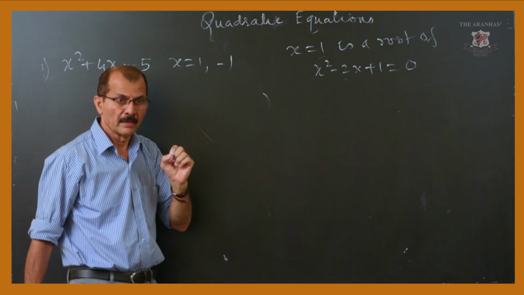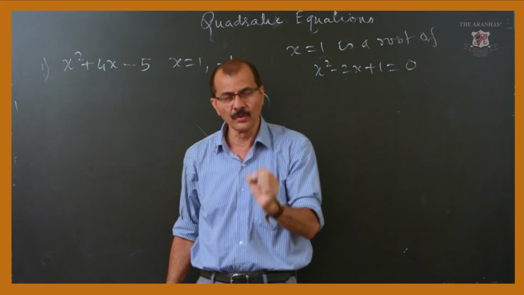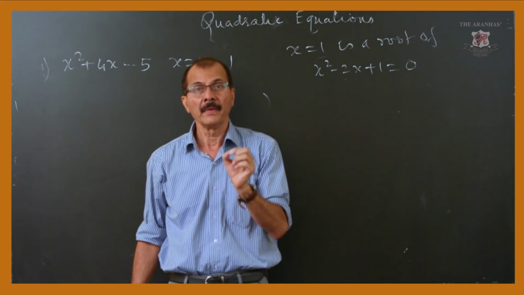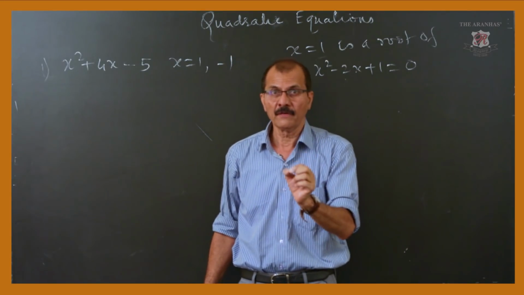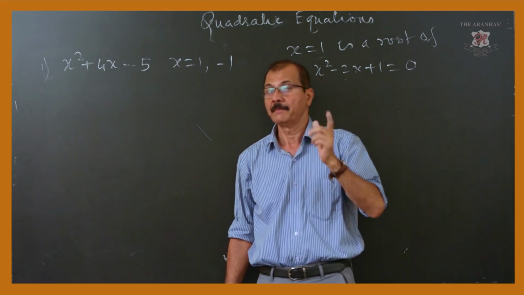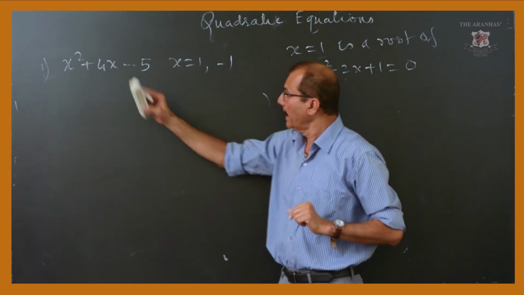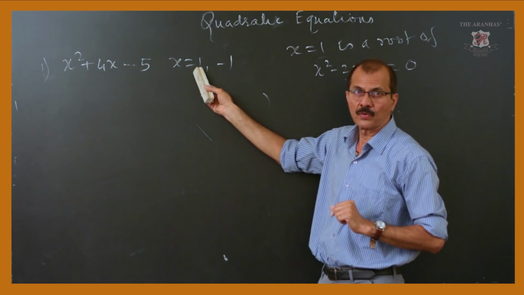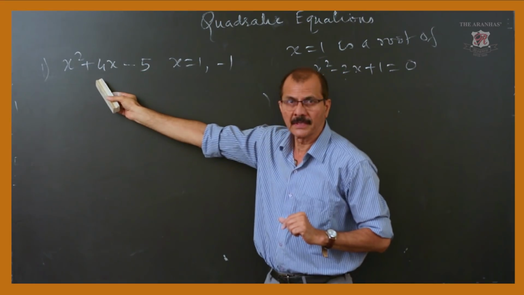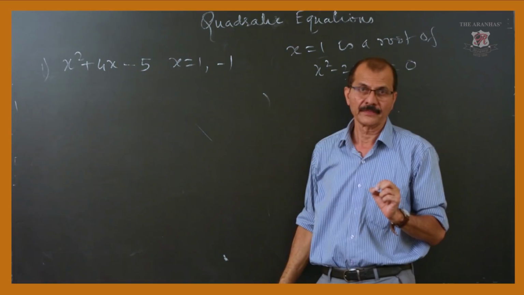I told you that when you say that x equal to a is a root of the equation, it means the value of that polynomial should be 0. That means what you will do? You will take this polynomial, take the value of x equal to 1, substitute in this and see what you get.